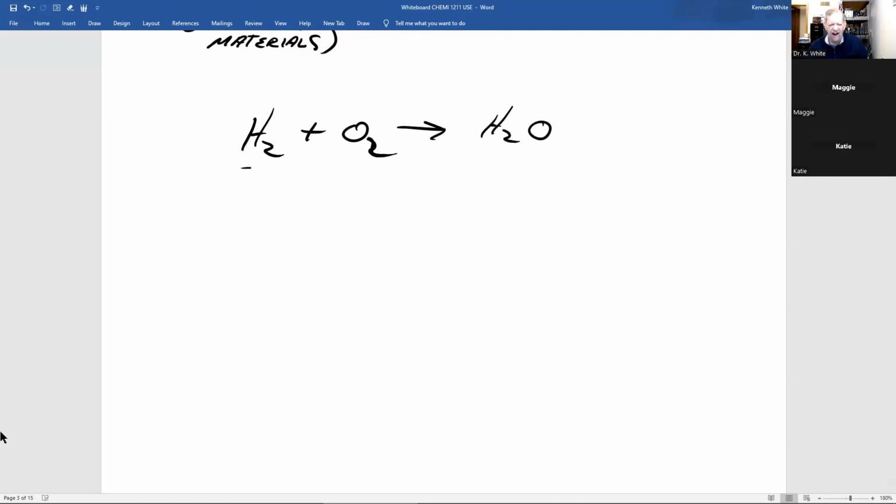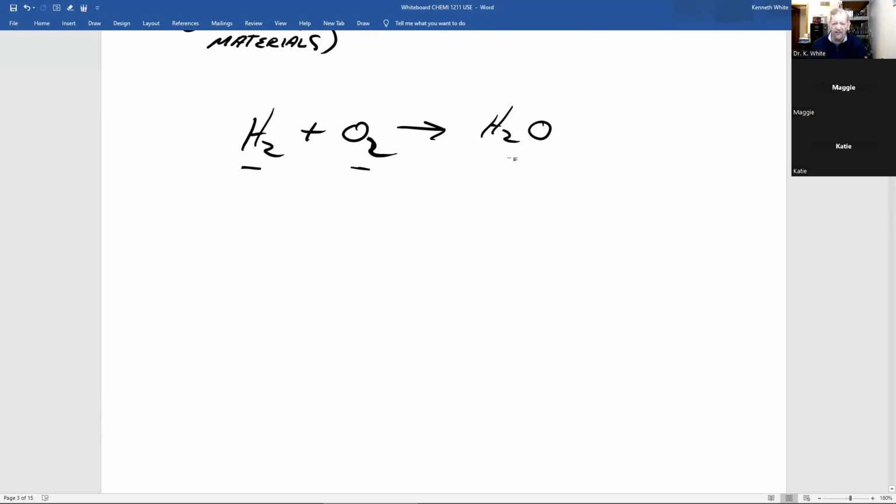If you take hydrogen gas and oxygen gas, and you put a little spark in there, a little energy, you'll make water, H2O. Now, the first thing, which is always going to have to be true: hydrogen gas has the formula H2. Oxygen gas has the formula O2.